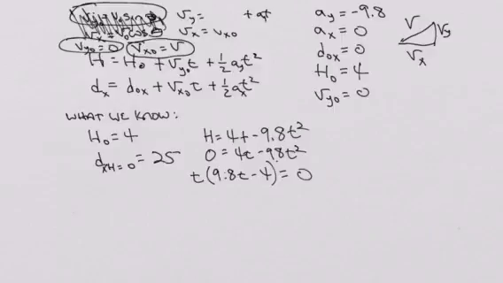Then that tells me that my zeros for this function are either t equals 0, which is kind of irrelevant, let me skip that part of the concept, or t equals 9.8 over 4.